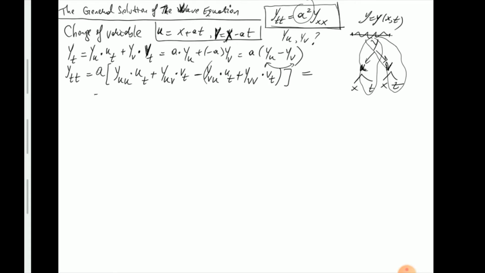All right, so let's replace again the u partial t and v partial t by a and minus a. So this is going to be a y_uu minus a y_uv.